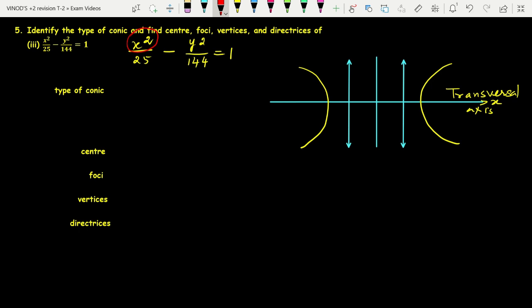Because the first term numerator is x square, we can declare that the transversal axis is along x-axis.